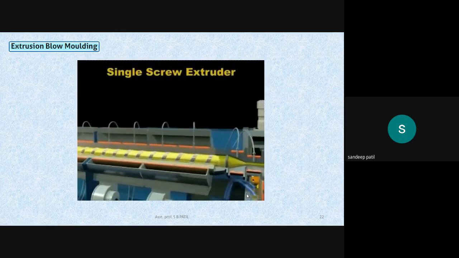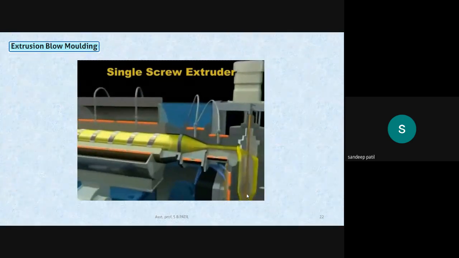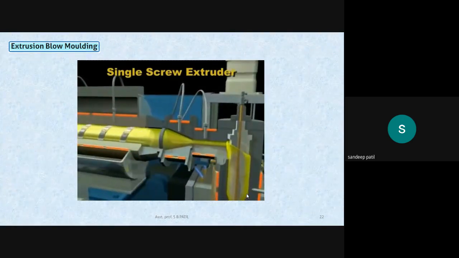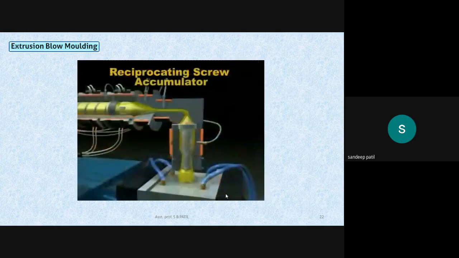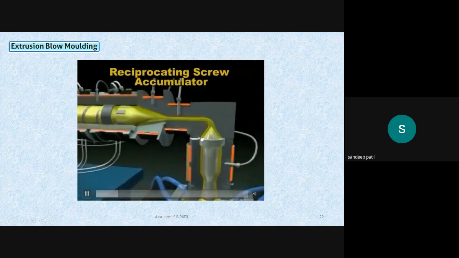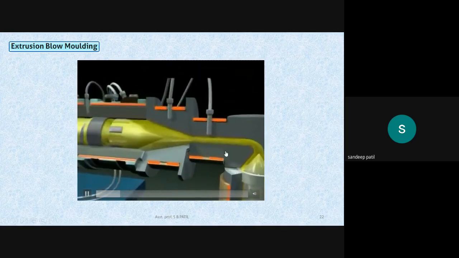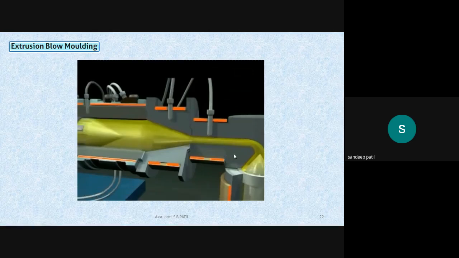Here is a single screw extruder, and through the feeding section, then the compression section, and then the metering section, the plastic is passed to this mold. Then the air is inflated into it so that the plastic material takes the shape of the mold cavity.